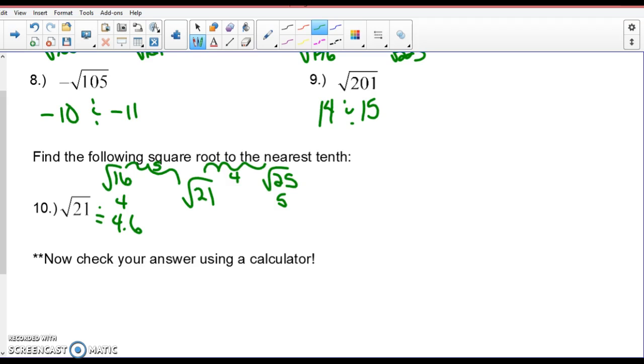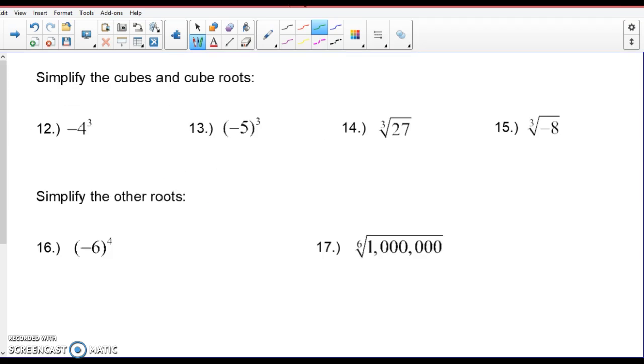Okay. Now, we're not going to do that one. We did these problems till the cows come home early in the year. How do I write negative 4 cubed in this form without parentheses? Thomas. Negative 4 times 4 times 4.